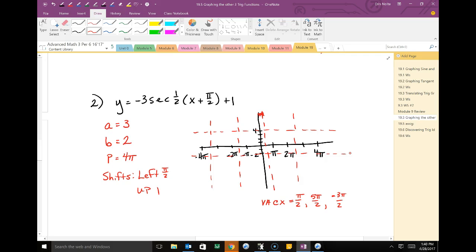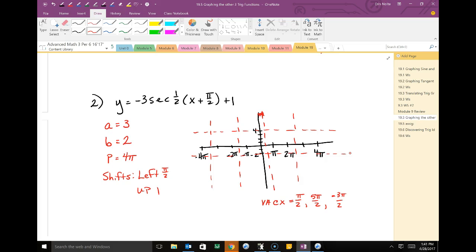Okay, so now I have my bounds. How is this going to look? I have to draw the secant function. So it usually starts up. Good. Okay, so do you see where your first vertical asymptote is? I start there because I always want to know where that first one is. You usually start with a positive parabola just to the right of it.